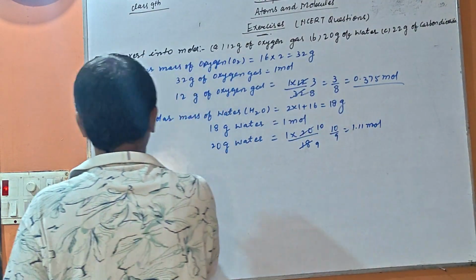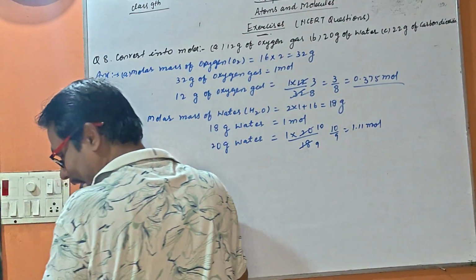Next, move to question C. 22 gram of carbon dioxide.